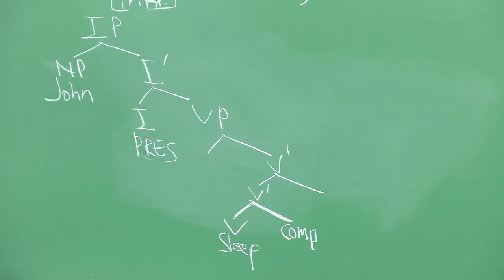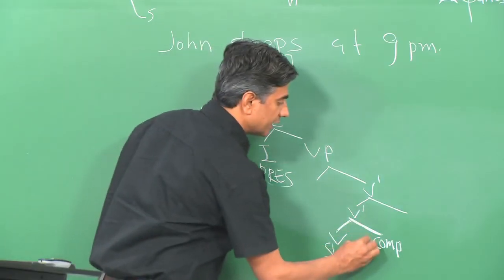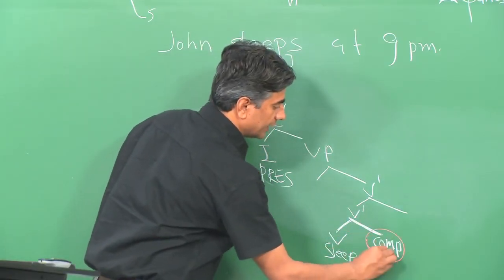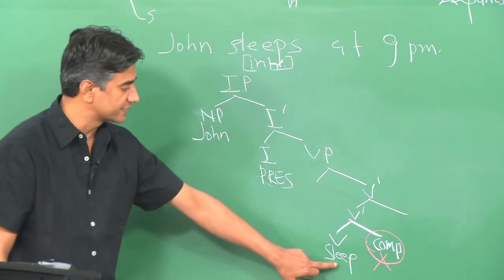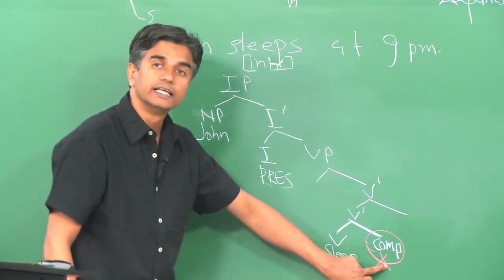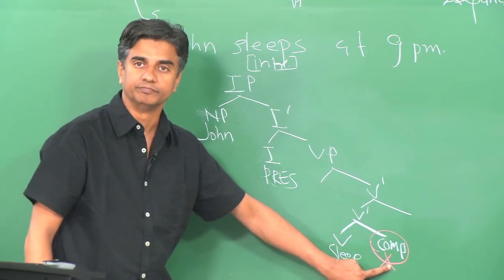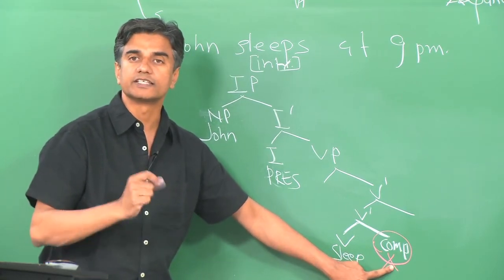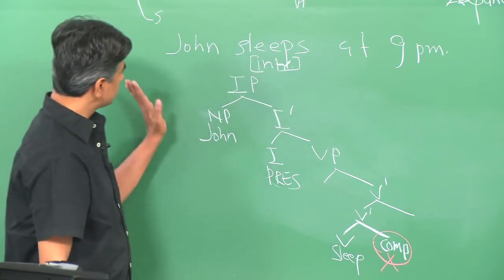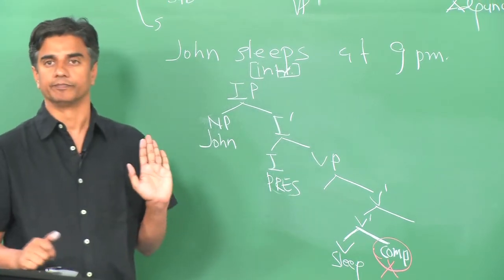And knowing the fact that we do not have a complement of the verb sleep, this position remains empty. There is nothing that comes in this position. So this is the sentence, John sleeps.